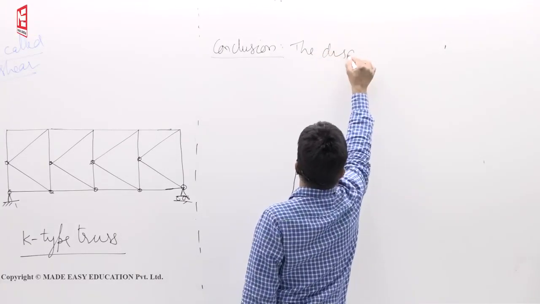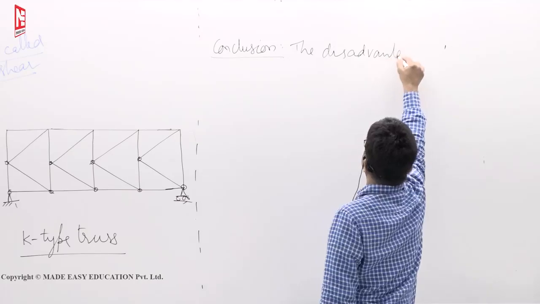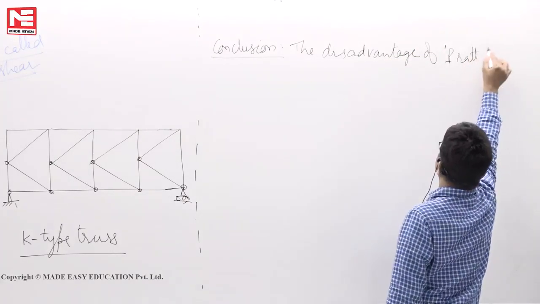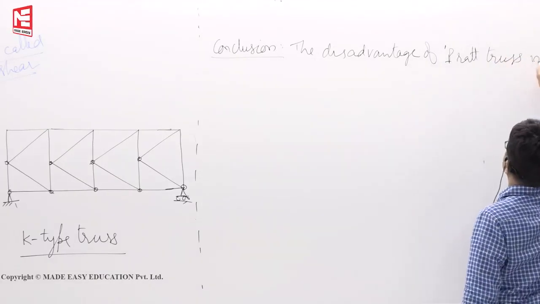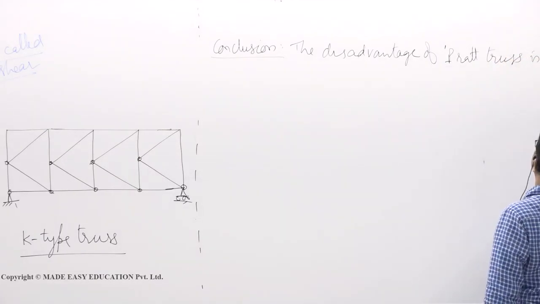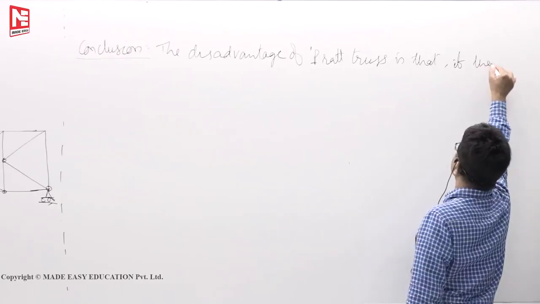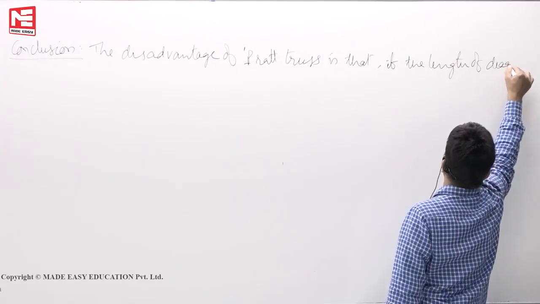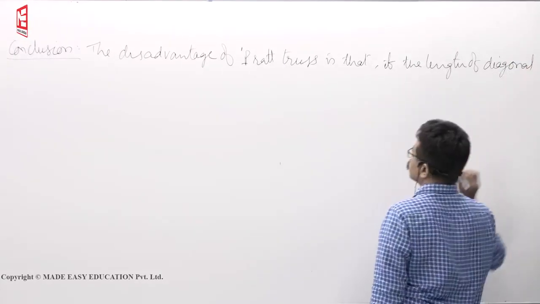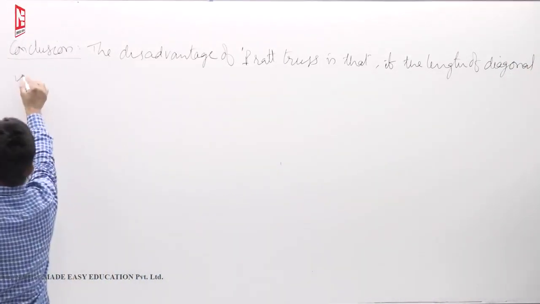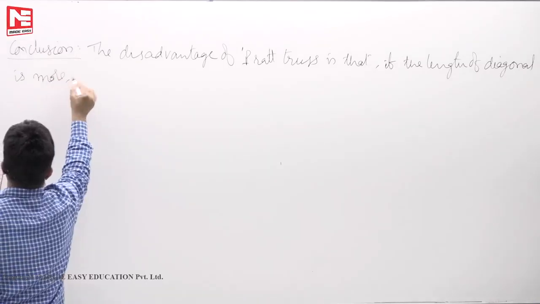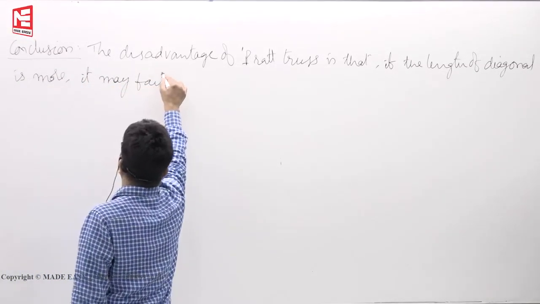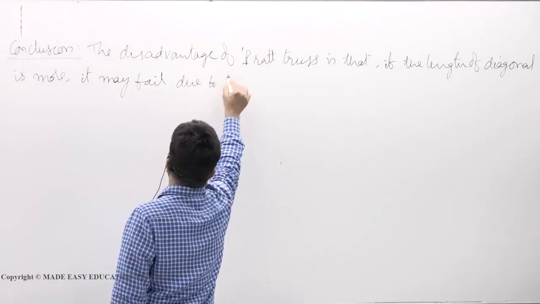The disadvantage of the Pratt truss is that if the length of the diagonal is more, it may fail due to buckling.